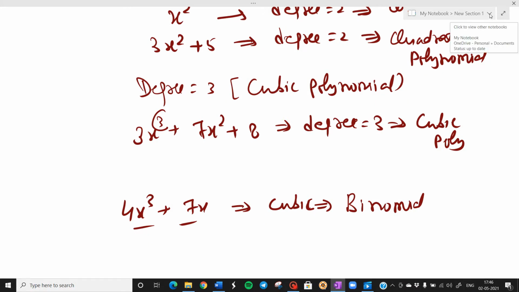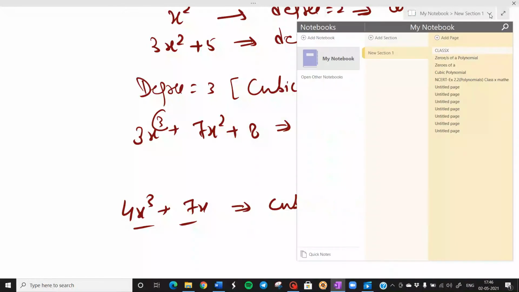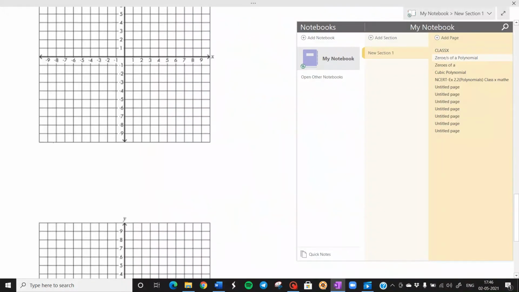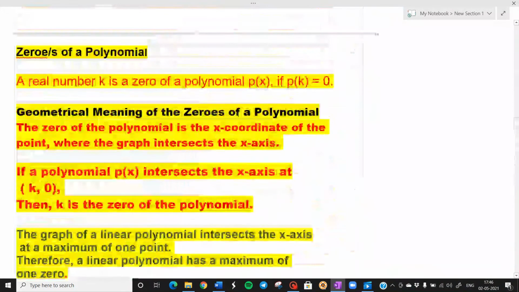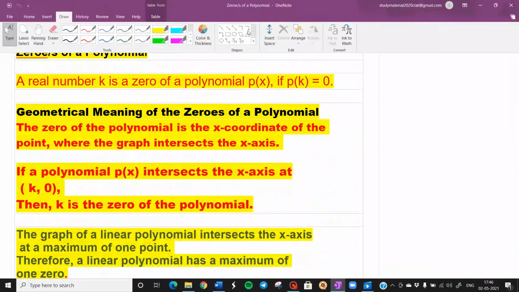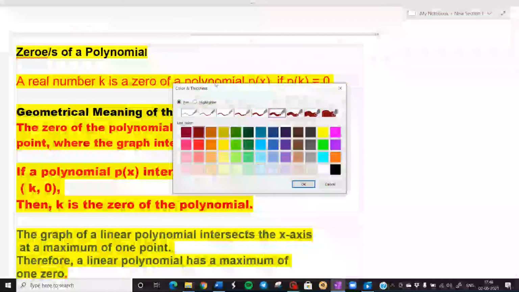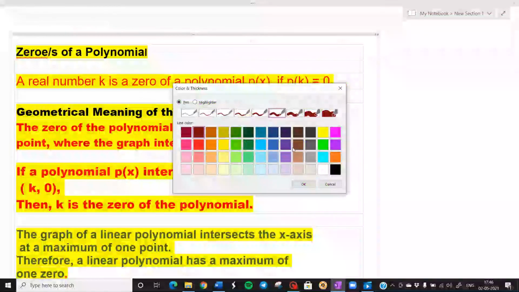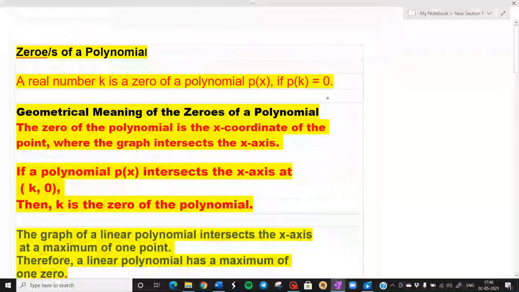And now zeros of the polynomial, very, very important. Yes, student. So a zero of a polynomial is a real number. A real number k is a zero of a polynomial p(x) if p(k) is equal to 0.